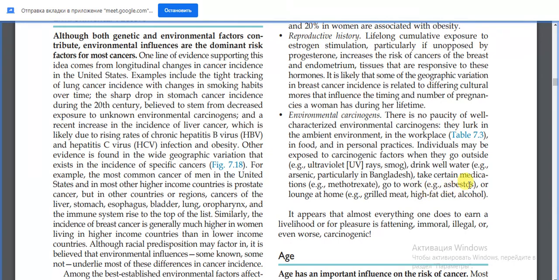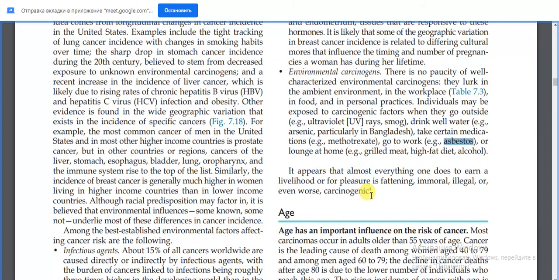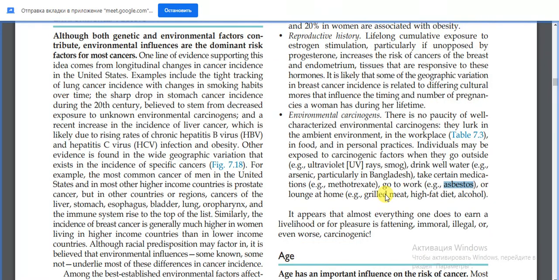And asbestos, in some jobs like mine workers, can cause asbestosis, and it is a typical carcinogen. And of course grilled meat, high fat diet, alcohol. All these things are usually advised against for patients.